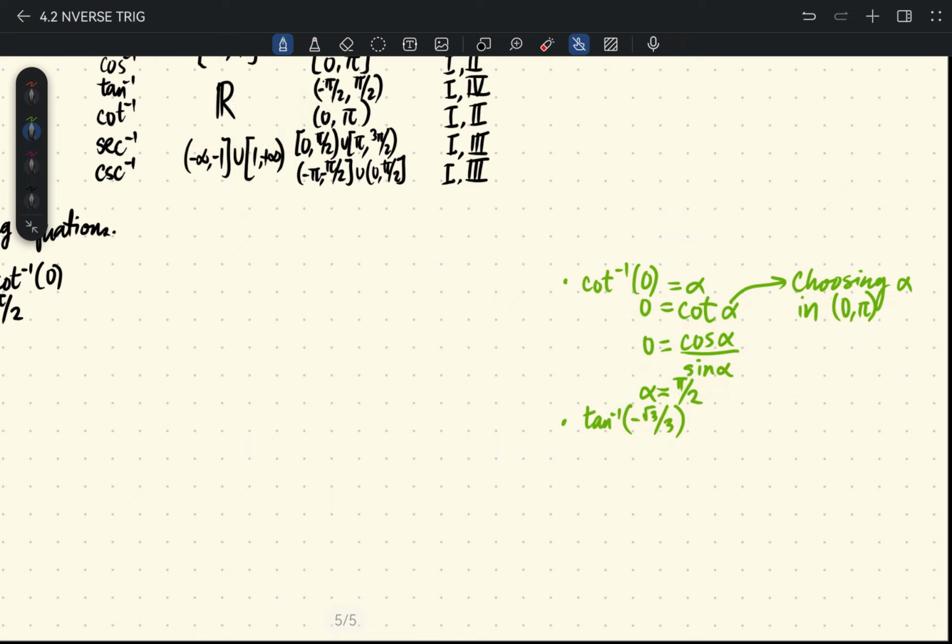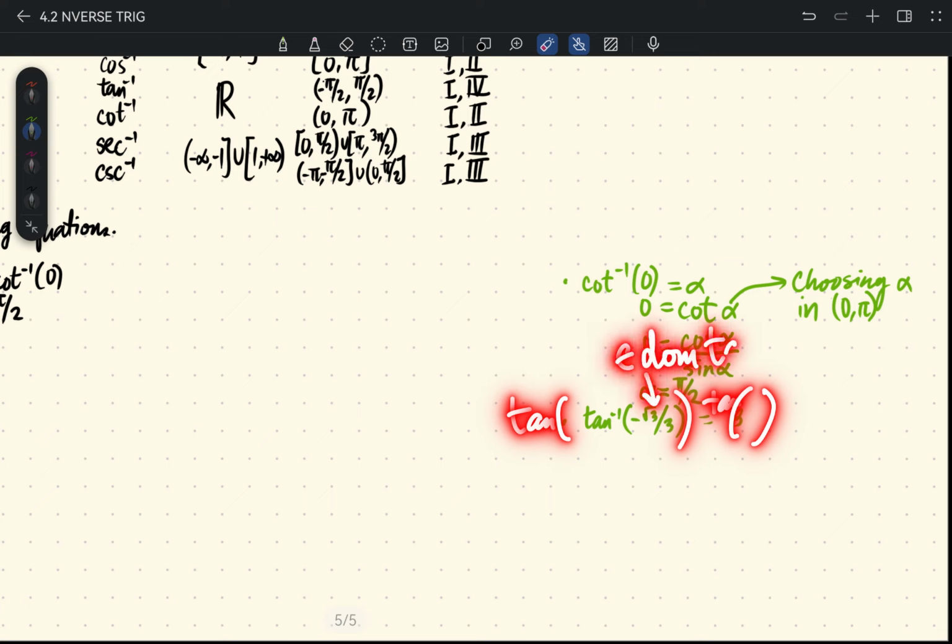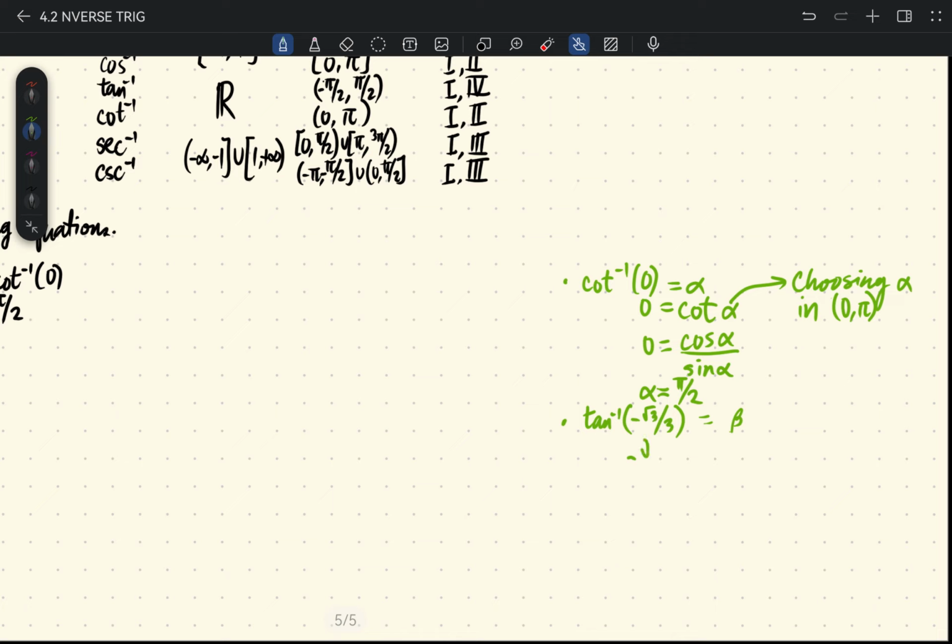And so, we can let this be equal to beta and apply the tangent function to both sides of the equation. Since this one is in the domain of tangent inverse, we can revert the effect to get negative square root of 3 over 3 equals tangent beta.